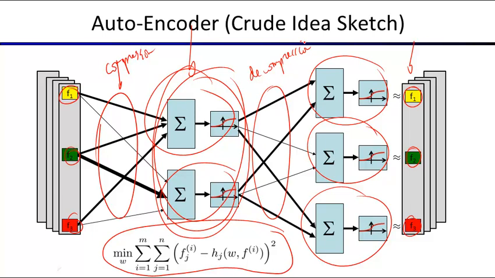What that means is that your objective function here will have an additional term. You minimize the reconstruction error, but then there will also be something where you minimize, let's say, the number of bits used in the middle layer. In practice, what this tends to be is that in the middle layer, each unit has an activity between 0 and 1, because we squash everything between 0 and 1.